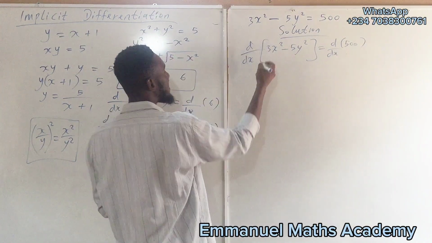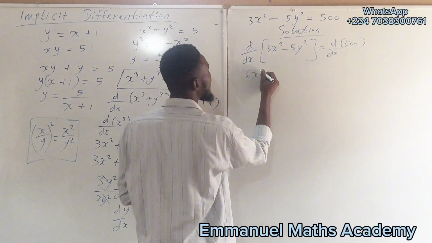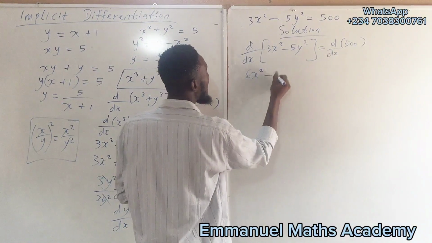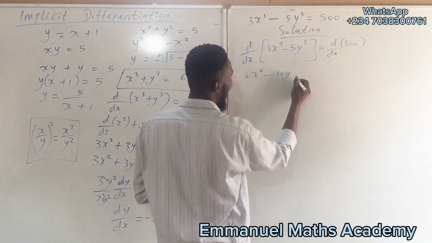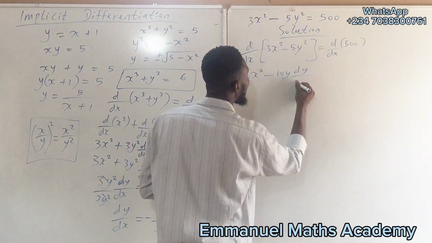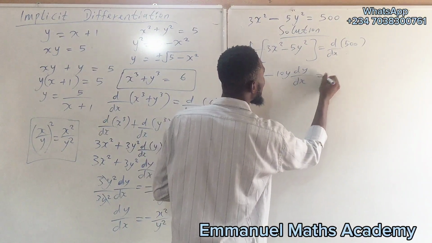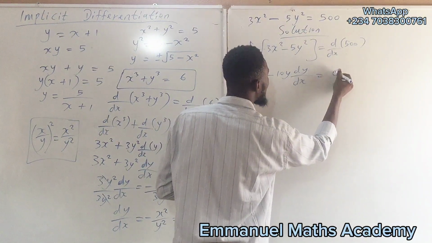Right? If you differentiate this, you have 6x minus, if you differentiate this, you have 10y dy/dx equal to, this is a constant, to give you 0.